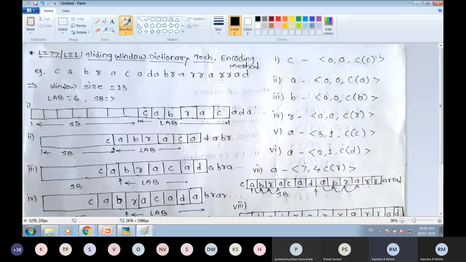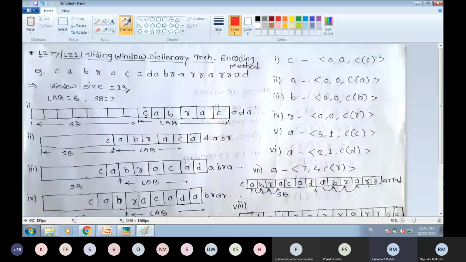LZ77 is also called LZ1 or the sliding window technique. Why do we call it a sliding window? Basically, LZ77 consists of a window of 13 bits, so the window size of this technique is fixed at 13.